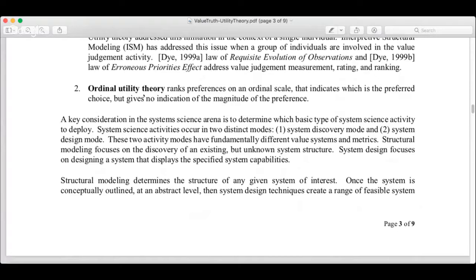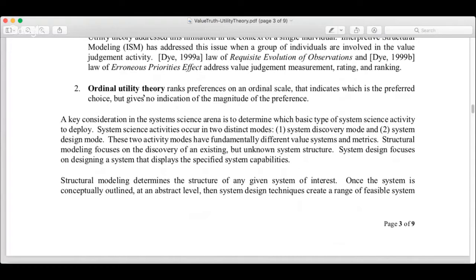The science of generic design and discovering an unknown system is obviously in the system discovery mode. There are some aspects of the science of generic design which apply to system design mode. But mostly, the activities we've been talking about are discovering an unknown system.